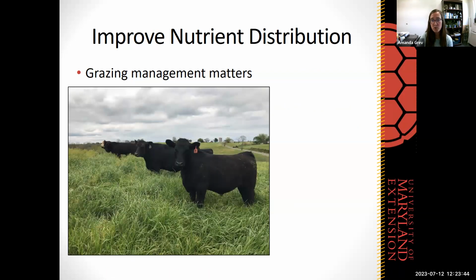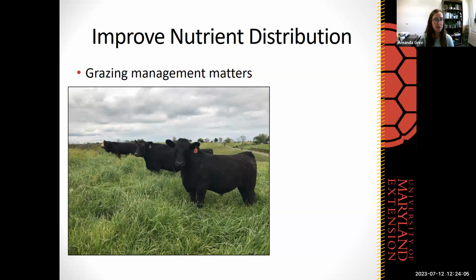Also thinking about manure, but from a different perspective, we can think about it in terms of nutrient distribution. And especially for a grazing system, where we're not necessarily taking that manure and spreading it out in the field, I would argue that our grazing management plays a big role in how those nutrients are distributed.